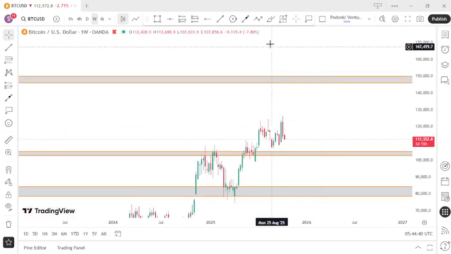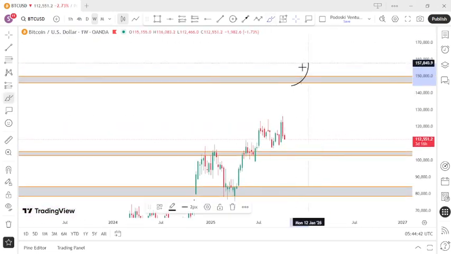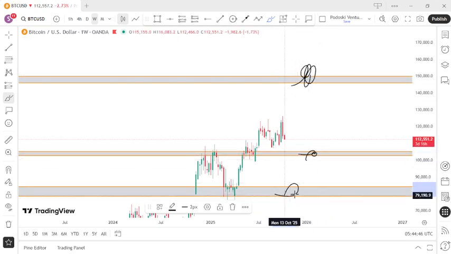So on the weekly time frame, I have my weekly upper zone here, midway zone here, my weekly lower zone here.